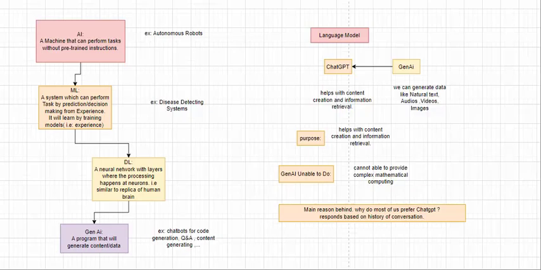That is, how much training data you are providing and how many parameters you are providing. For developing GPT-3, they used more than 175 billion parameters. That's why this GenAI model can provide us highly accurate results. ChatGPT is one example of a language model.